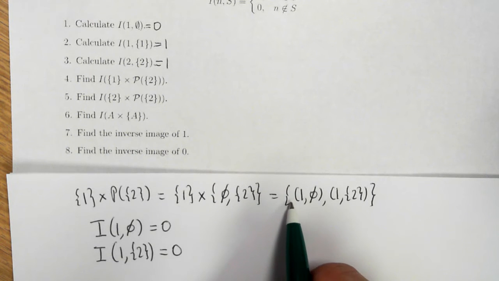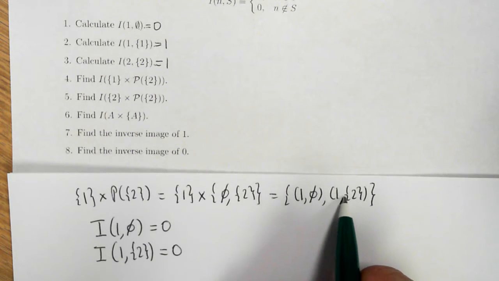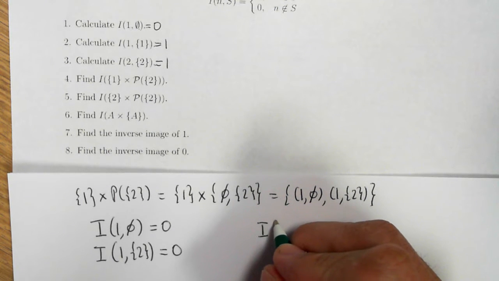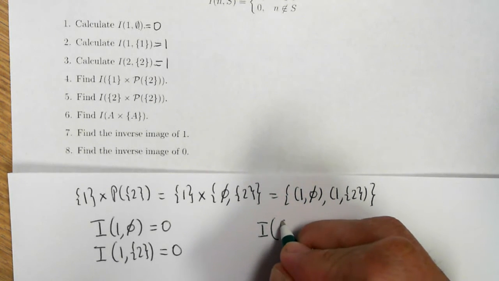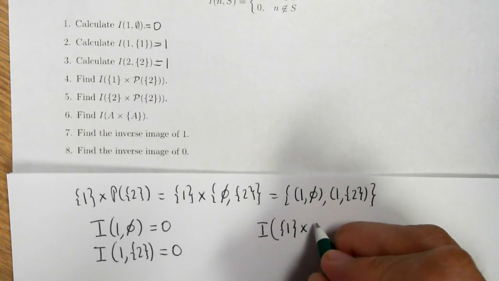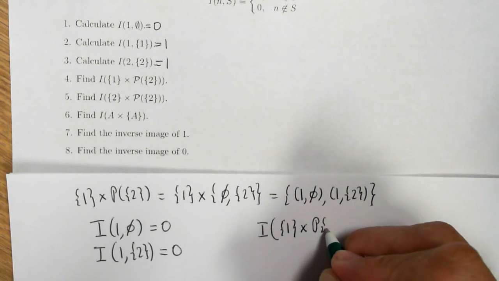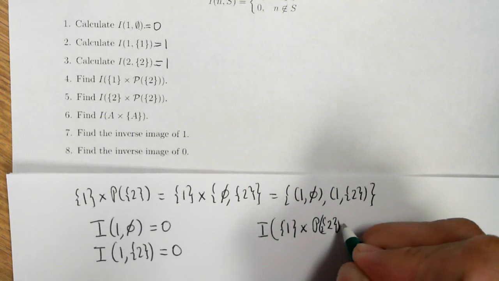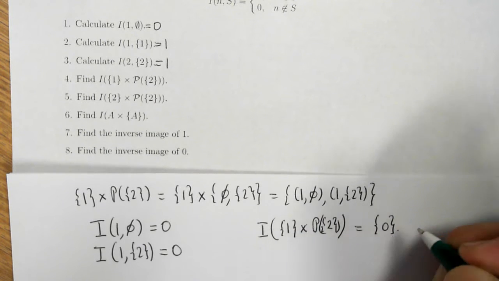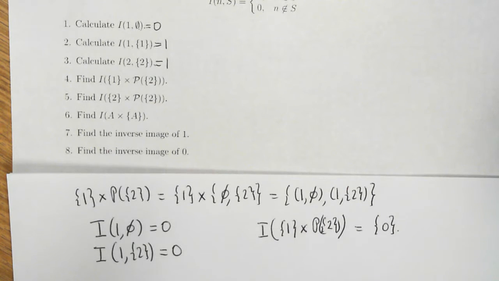So if I apply I to either element, I get 0, and therefore I of this set is equal to the set containing 0. Notice it's the set containing 0 and not the element 0. So the image of this set is some other set.